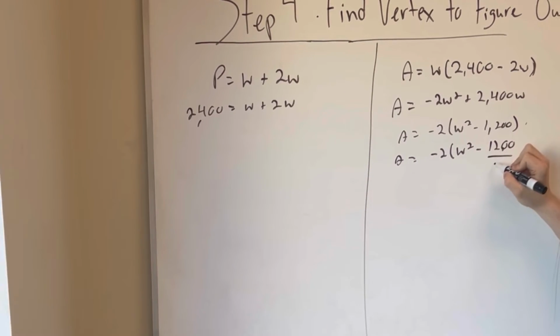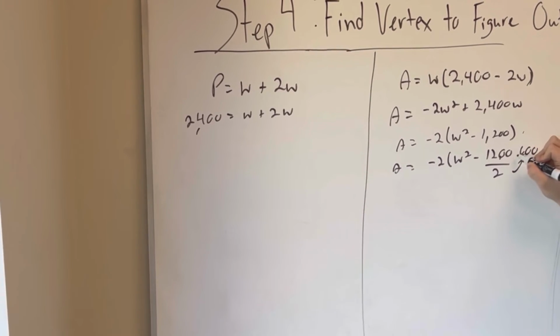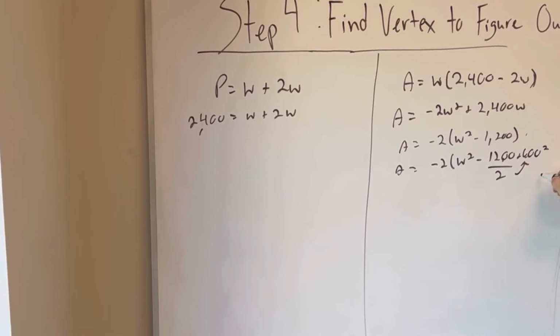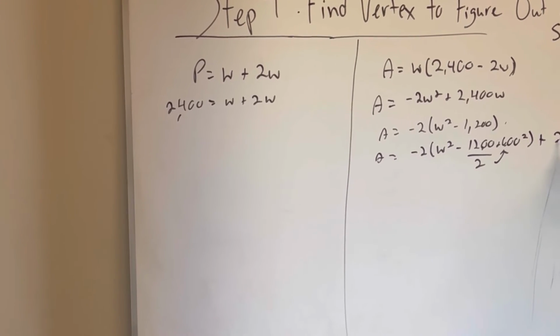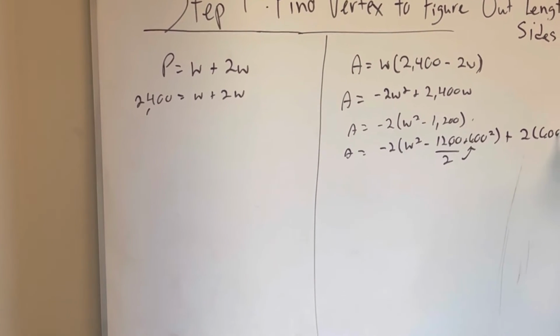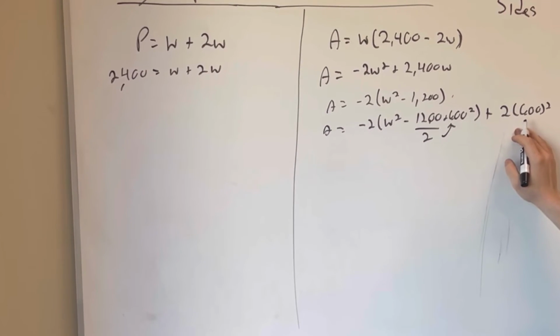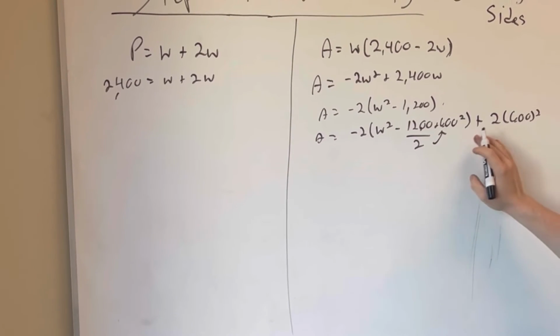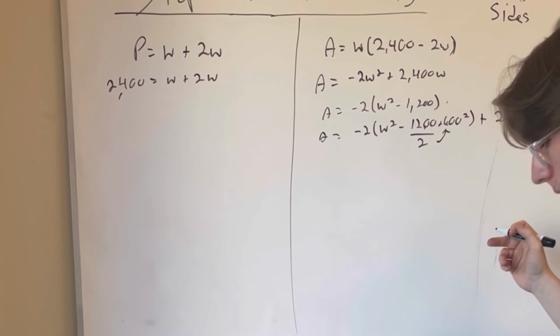So we split the 1,200 in half and get 600 squared plus 2 times 600 squared. The reason why we did that is because you always have to keep it equal, and so we need to add 600 squared to this side if we're going to add it to this side as well.